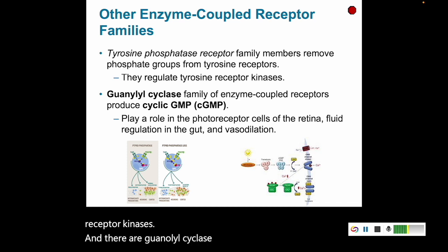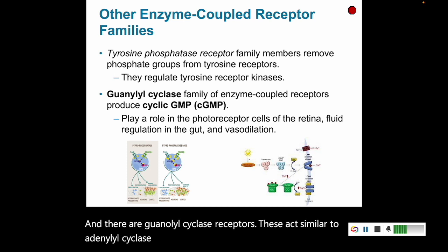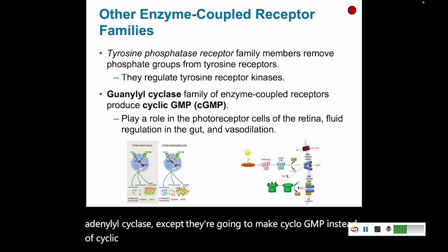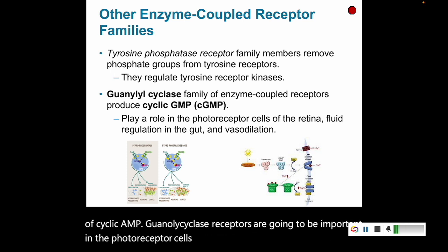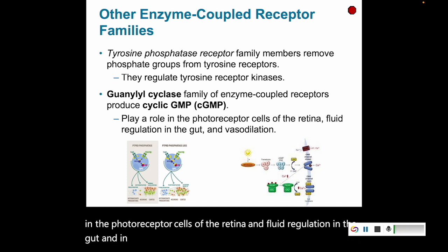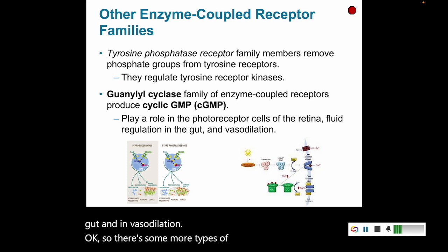These act similar to adenylyl cyclase, except they're going to make cyclic GMP instead of cyclic AMP. Guanylyl cyclase receptors are going to be important in the photoreceptor cells of the retina, in fluid regulation in the gut, and in vasodilation.